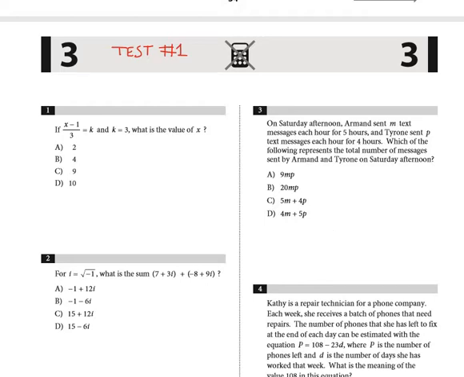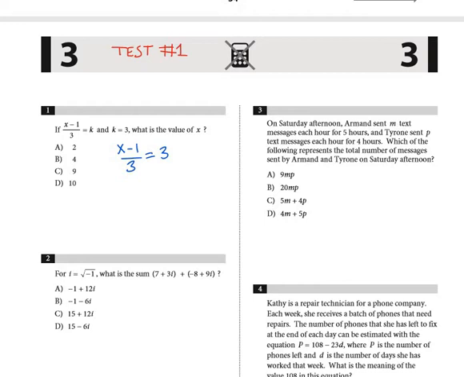Question number 1. If (x minus 1) over 3 equals k and k equals 3, what's the value of x? We were given k as 3, so our first step is to substitute k, which is 3. Now we are asked to find the value of x.